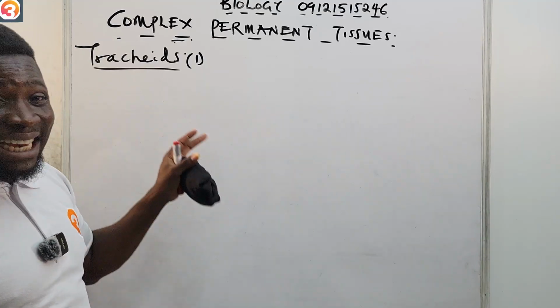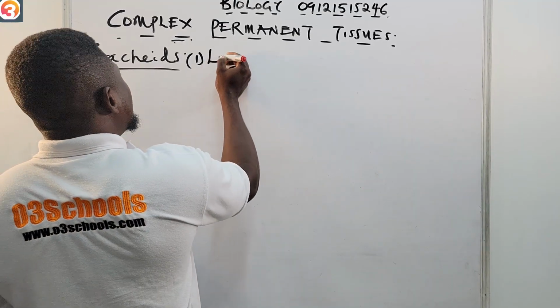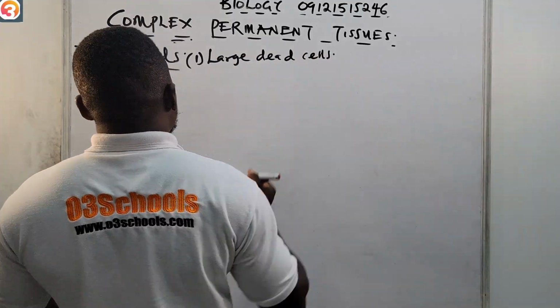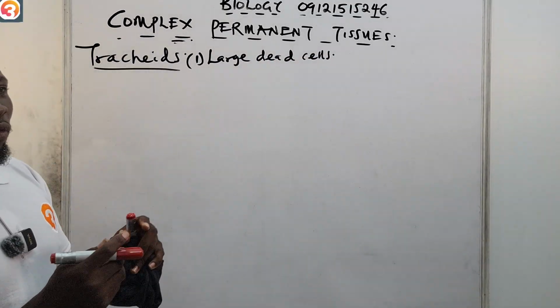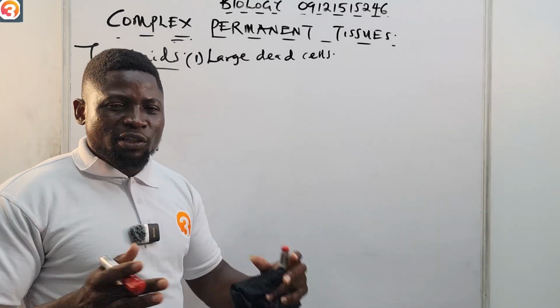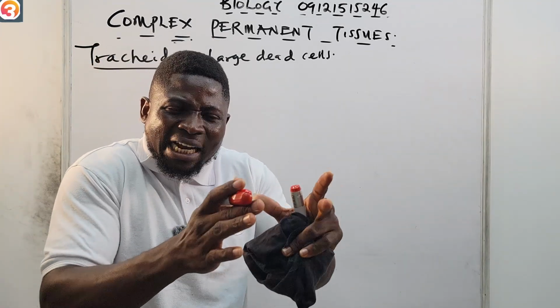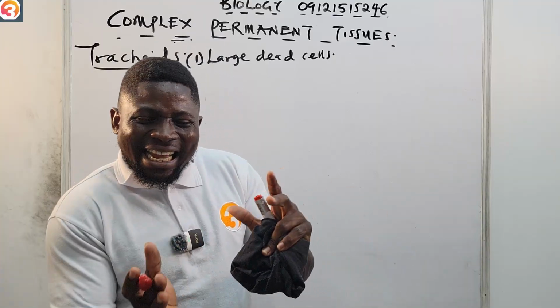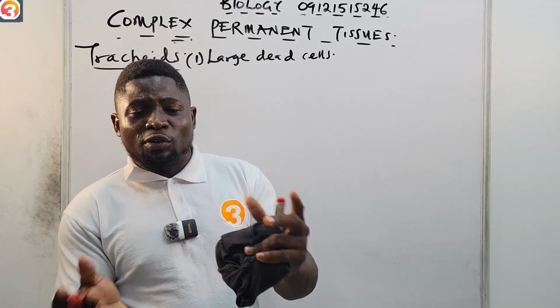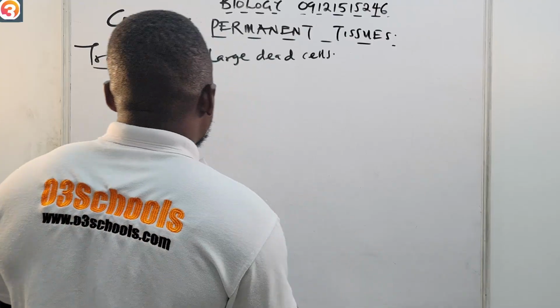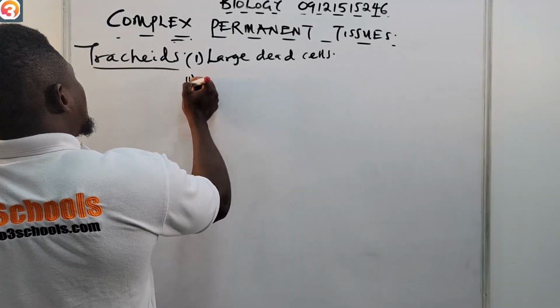So tracheids have large dead cells. And number 2, they have end-to-end placement of cells to provide for a continuous channel.